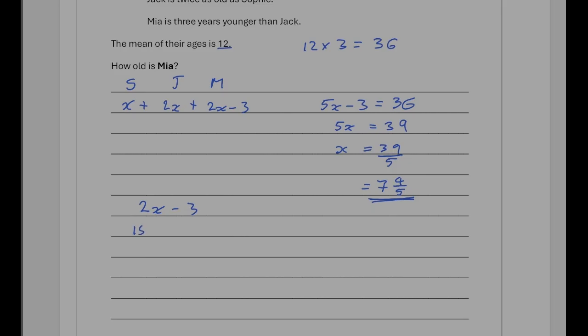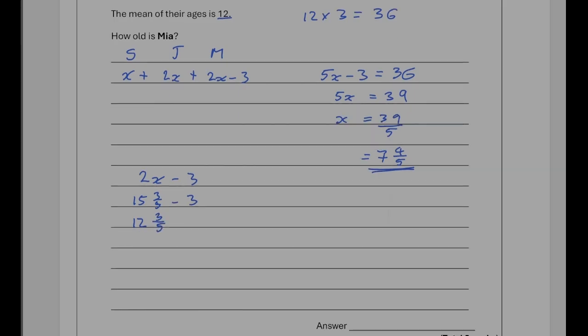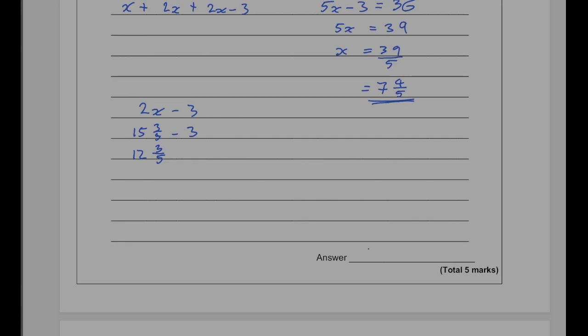So I'm going to say it's 15 3/5 minus 3. So that's going to be 12 3/5. So I'm going to go for my answer of 12 and 3/5. Apologies that that's not a whole number, but I'm sure that you're all more than capable of dealing with that.